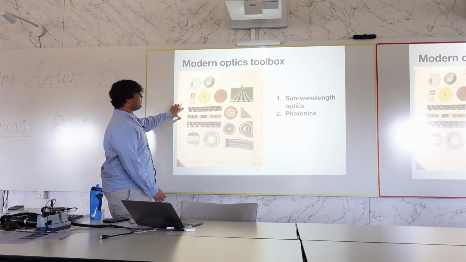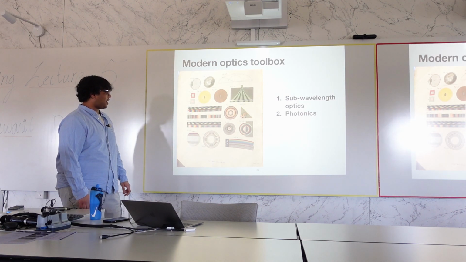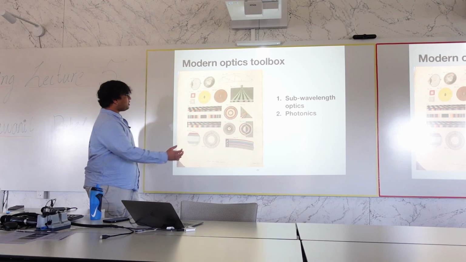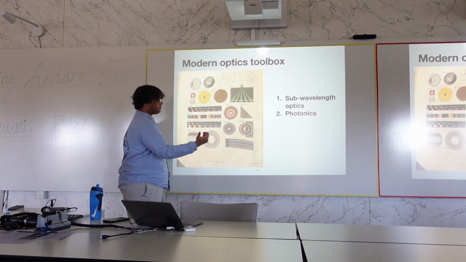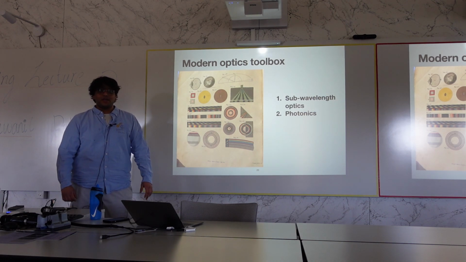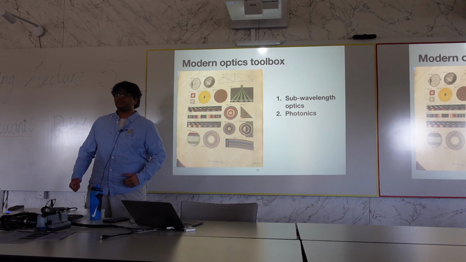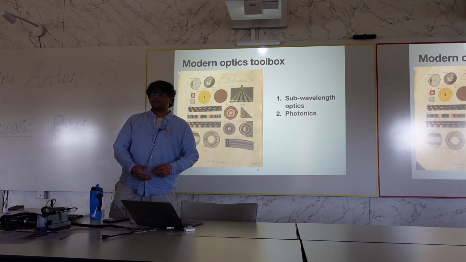This is a picture from Newton's Opticks book, which he wrote in 1609, and he saw these really intricate images, and these are, by the way, hand-drawn, which is really fascinating to me. To draw something like this is amazing. These patterns basically happen due to the subwavelength nature of electromagnetic waves.